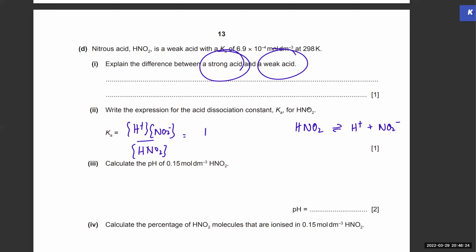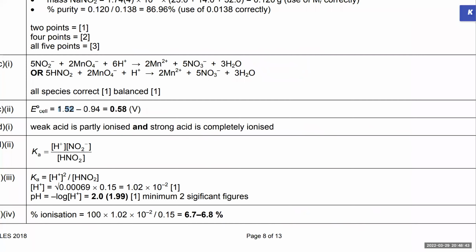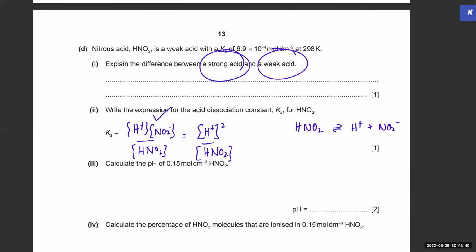The other way to write it is as H+ squared. But I think this would be the one that he's looking for in this case. Like if you're doing some math, like in the next one, that is fine.